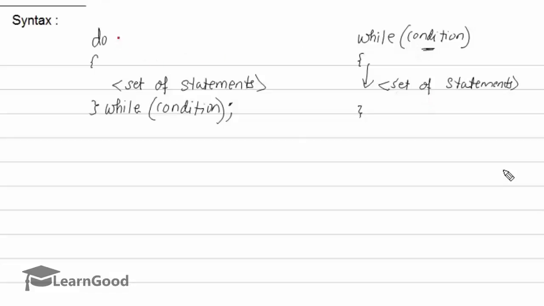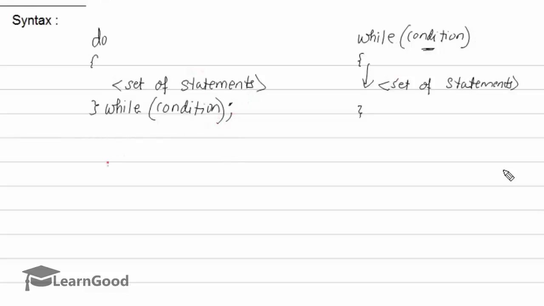Whereas in case of do while, minimum once it will execute the set of statements, because it's not going to check any condition here, directly get inside, execute. That means minimum once the set of statements will get executed. In case of while, first the condition is checked and get in, whereas in case of do while, execute the set of statements and then check it. For while we won't give a semicolon, whereas in case of do while we give a semicolon.